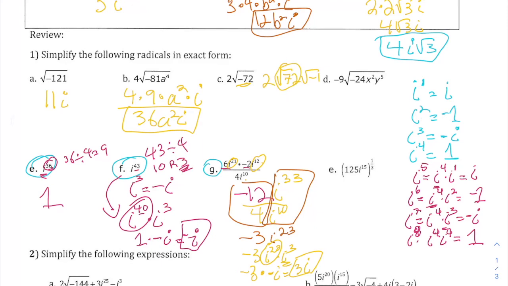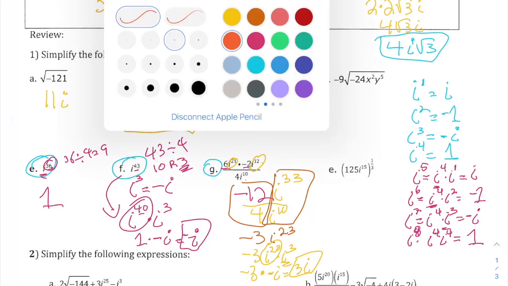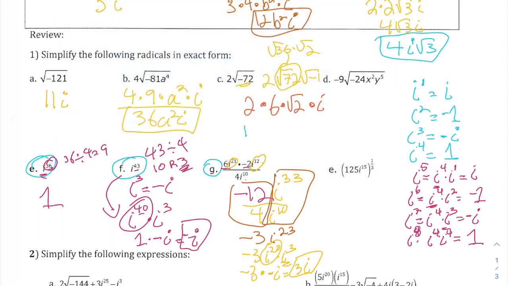And now I break down 72, which is the square root of 36 times the square root of 2. So that is 2 times 6 times root 2 times I. But I'm going to move that I so that there's not going to be any suspicion that we don't know what we're doing. And so this becomes 12I root 2.